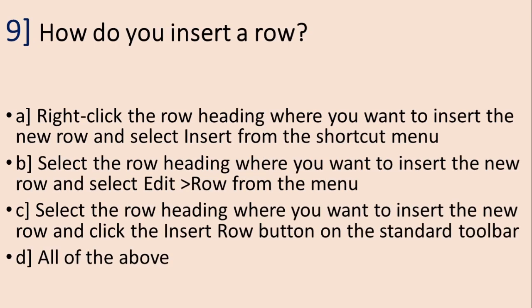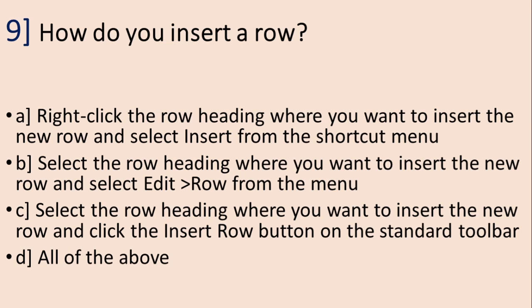Question number 9. How do you insert a row? The options are option A, right click the row heading where you want to insert the new row and select Insert from the shortcut menu. Option B, select the row heading where you want to insert the new row and select Edit, then Row from the menu.